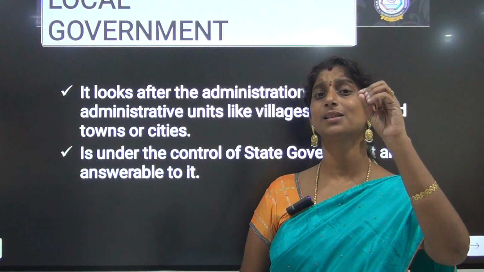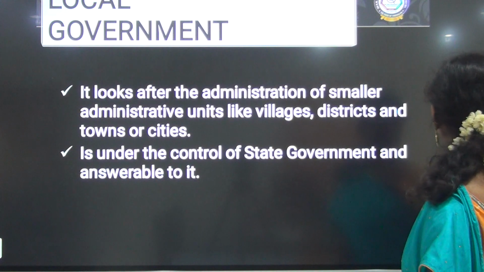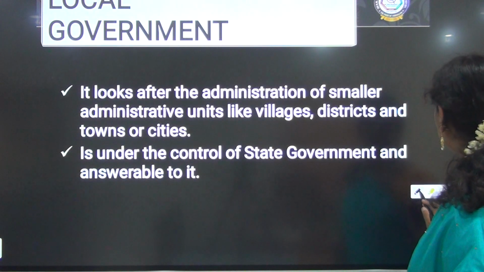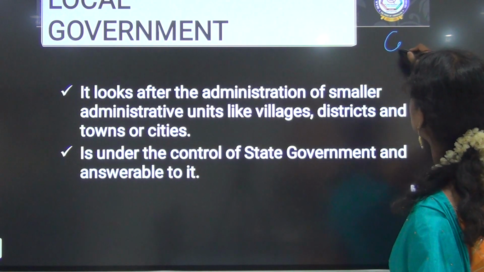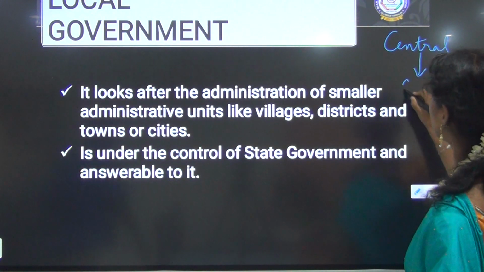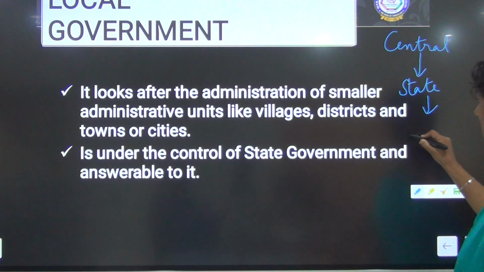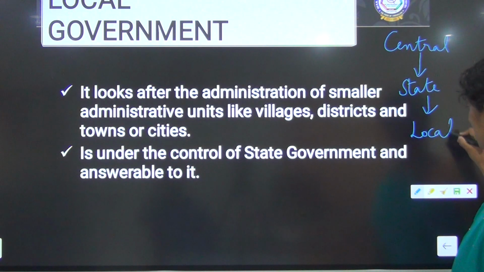So then comes local government. Local government comes under the control of state government. Okay, so the order is like this. The highest authority is central government. From central government comes the state government, and from the state government local government comes.